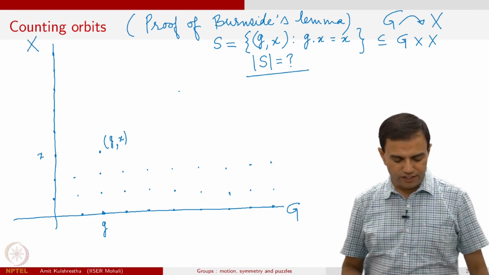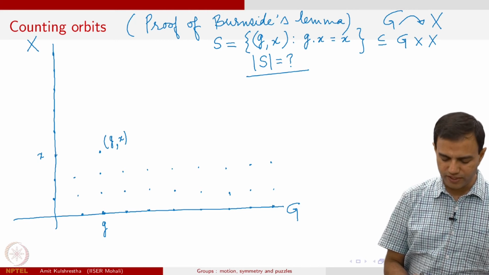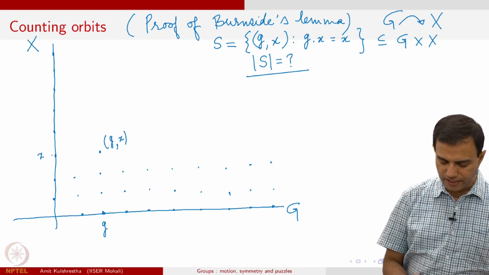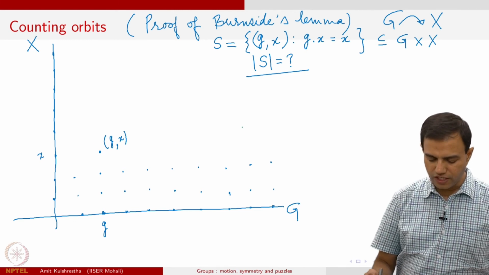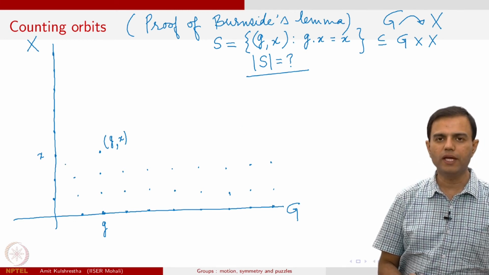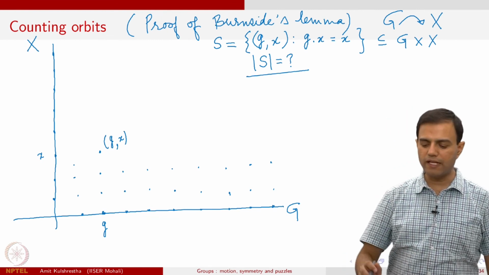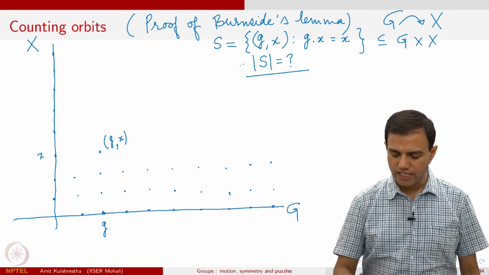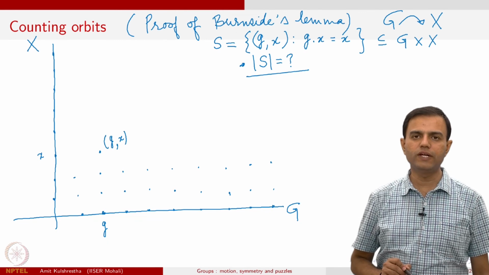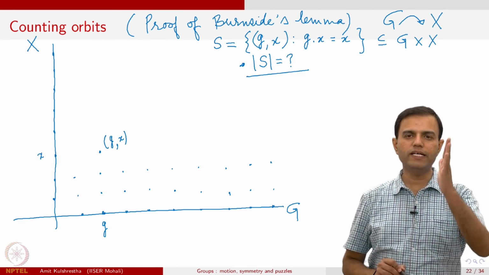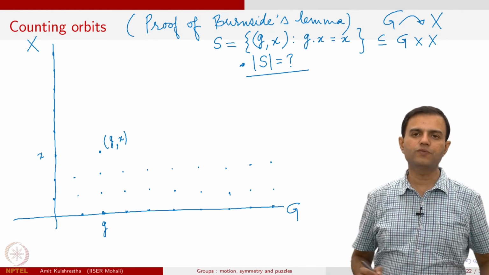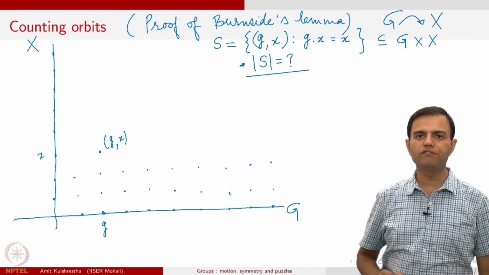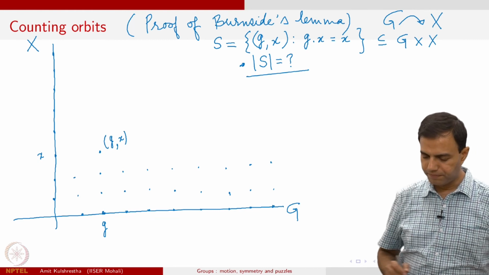Or I fix one x, and then in the same row I look for all those g's which are not able to move this x. Okay. So I can do this calculation on the size of S in two ways, column wise and row wise. There are two ways, and that is what is going to give me the proof of Burnside's lemma.